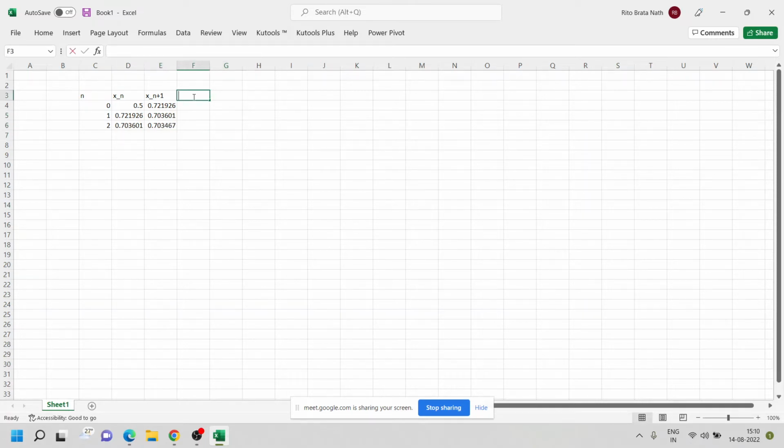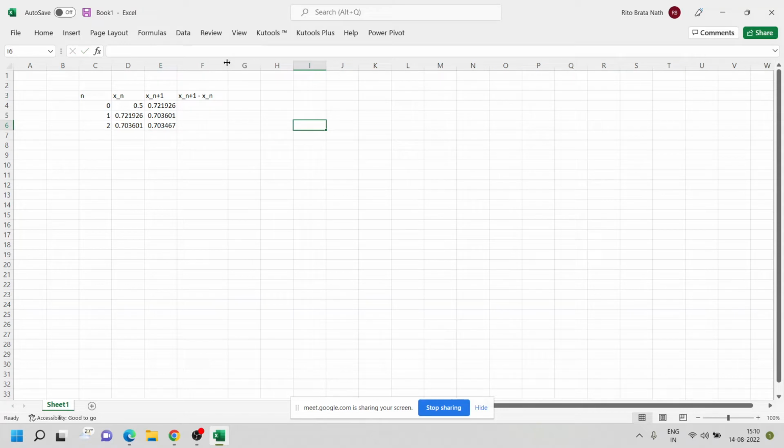You can also keep a check like this: if it's below a threshold, you terminate. So I can write it as this minus this. I can see that it's already very close.